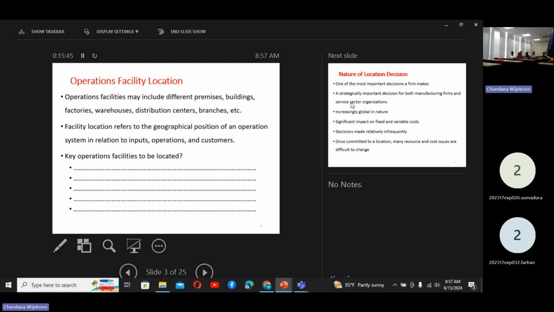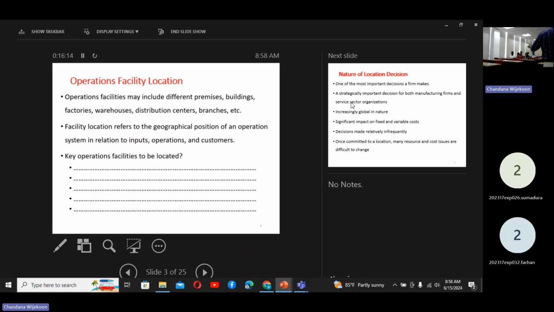And in addition to that, do they require some more facilities in manufacturing businesses? If so, what? Distribution centers may be required if they are involved in the distribution part of it. And there are businesses that do not only produce, right? They are involved in selling and distribution as well.